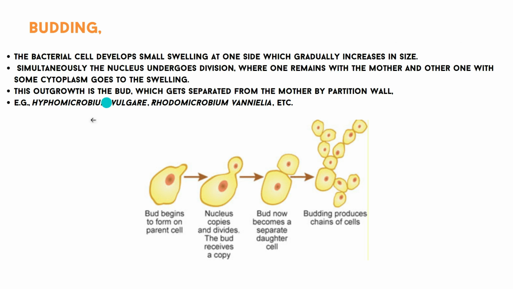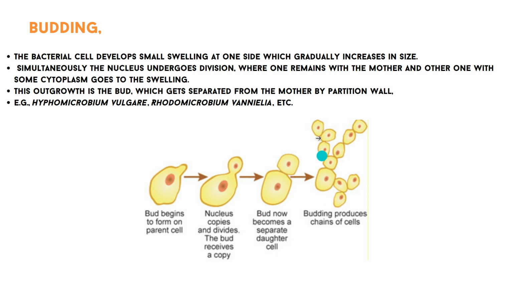Next comes budding. During the budding process, here you can see the bacterial cell. At one end there is a formation of bulging, and this bulging results in the formation of a bud. Part of the nuclei enters this bud along with the cytoplasm, and here the bud tries to develop a wall and becomes an independent cell, and this bud tries to multiply even though it is attached to the mother cell.